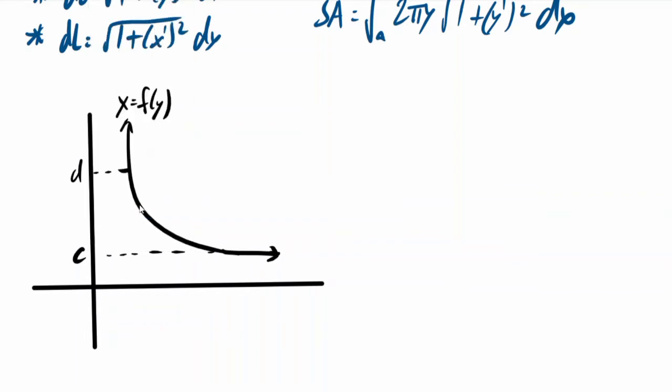And then our strip here, this is our DL, and then we draw the graph for the surface area. Since it's a dy strip, the axis of rotation is going to be the y-axis, so we rotate it about the y-axis, like this.